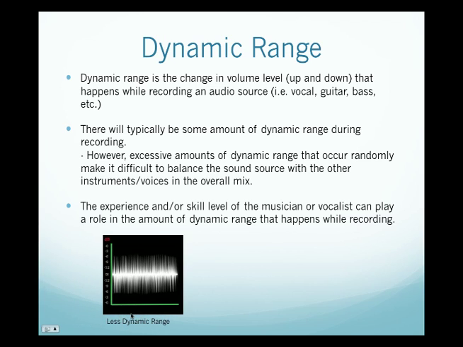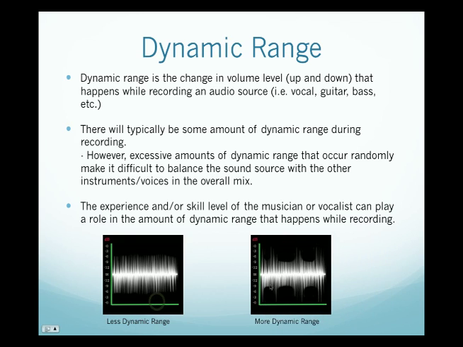This chart on the left is an example of less dynamic range. As you can see, the waveform is pretty steady, pretty even. This next example represents more dynamic range, where you have a louder spike, then it gets softer, then louder again and softer, and on and on. It's this type of dynamic range that we really need to try to control.